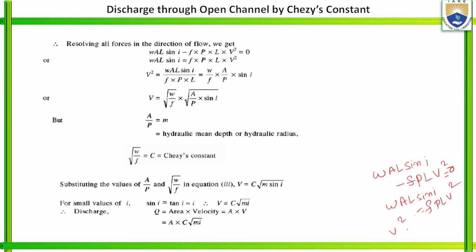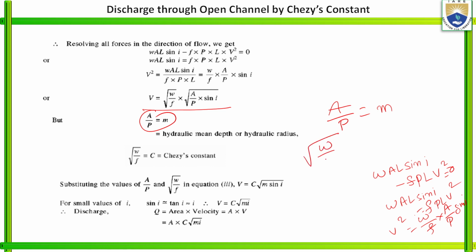Now V squared is equal to, cancelling everything, W by F into A by P into sin I. This is the final expression we are getting. Now we know A by P, area by perimeter, is equal to the mean depth or hydraulic radius. So root of W by F is equal to C. This is nothing but Chezy's constant.